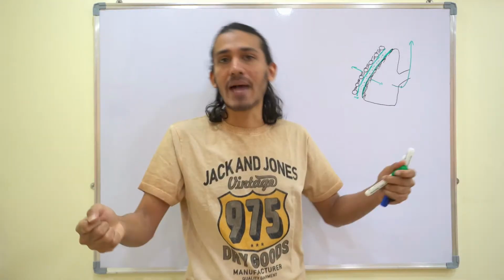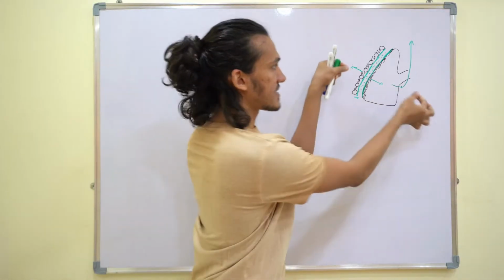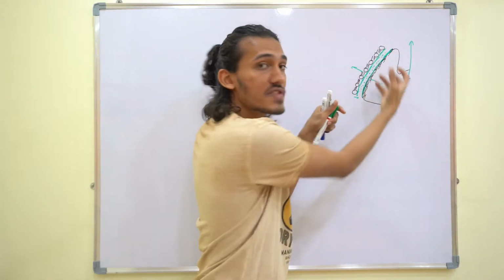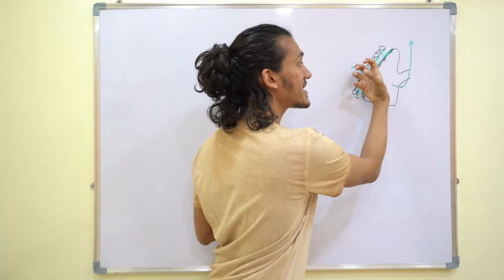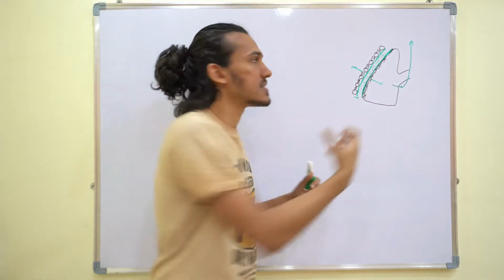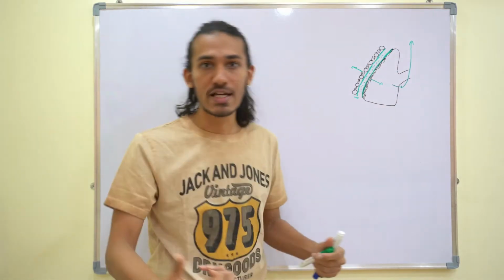It's like an elastic bandage. Imagine an elastic bandage. You pulled it and kept it like that. So the natural elastic recoil of the lung would want to make it collapse, would want to make it go inside. So that is the natural tendency of your lung parenchyma, to recoil inside.